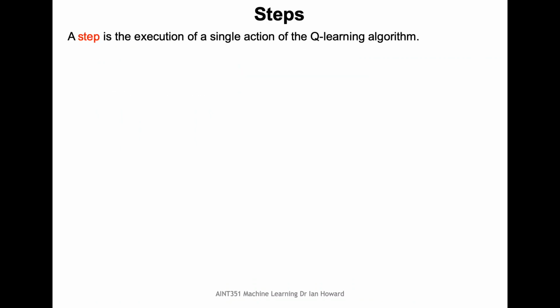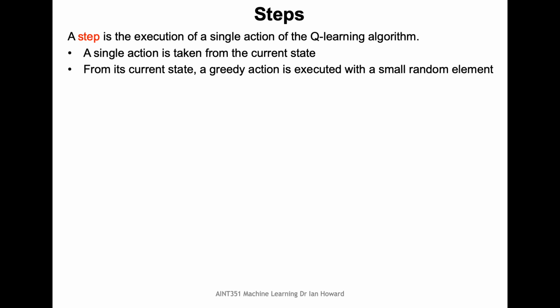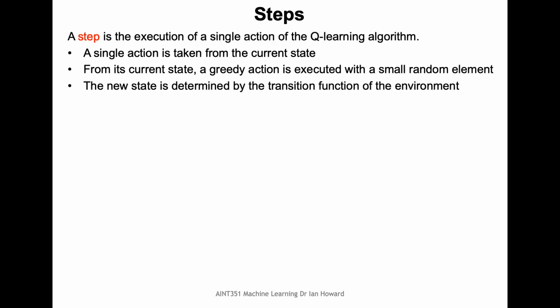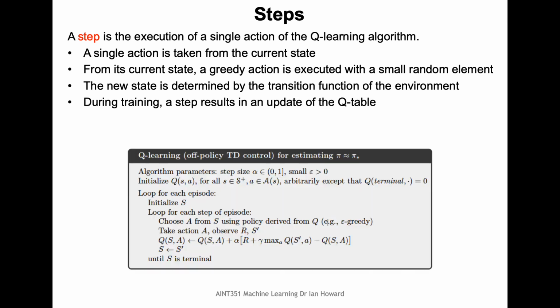And a step is just a single action. We take a single action, and we get a single update from the current state. The way we choose the action is epsilon greedy, and we do an update on every single step.